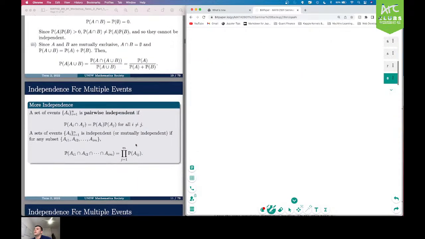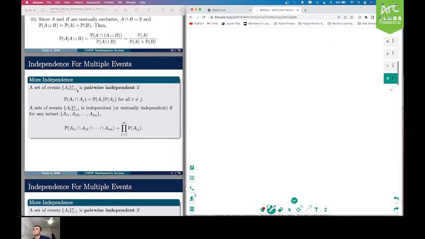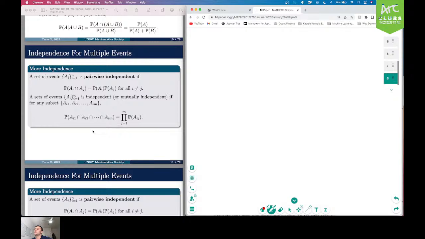Lovely. We now have independence for multiple events. So for 2 events, if A_i is an event and A_j is another event, we know if they're pairwise independent, you can just multiply their individual probabilities together. Event i can't be the same as event j, so your i and j subscripts have to be different. Now we can generalize this to a wider set of events. All we're really seeing here is that the probability of the intersection of a whole lot of different events is just multiplying each individual one together.